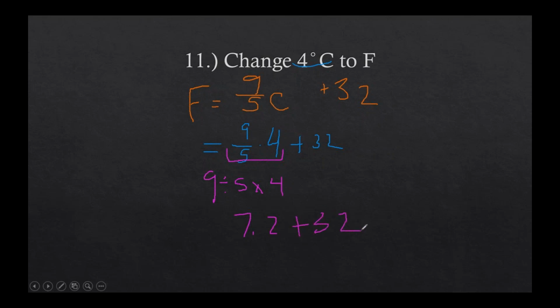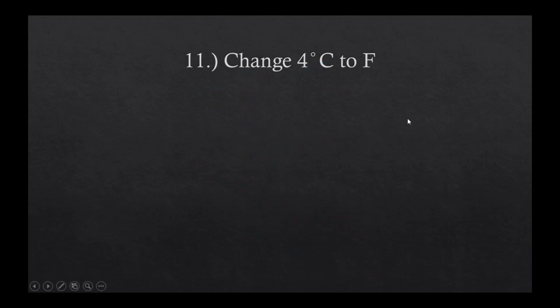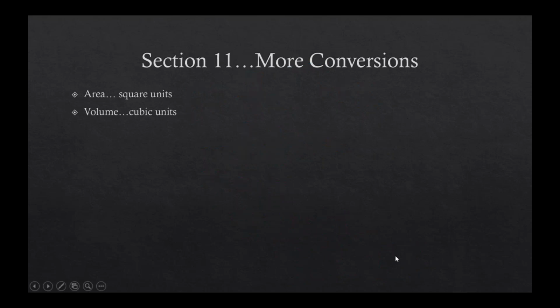And then your last step is to add the 32 for an answer of 39.2 degrees Fahrenheit. So good. You guys seem to get that one. All right, so that's part of section 11 is temperature. So boom, there you go. And then we get into area and volume conversions.